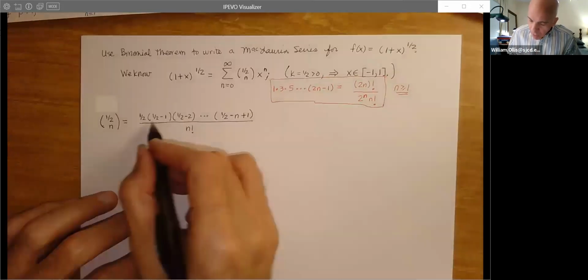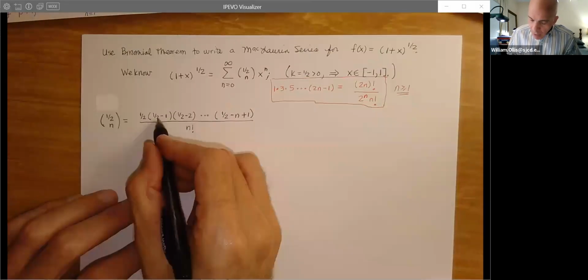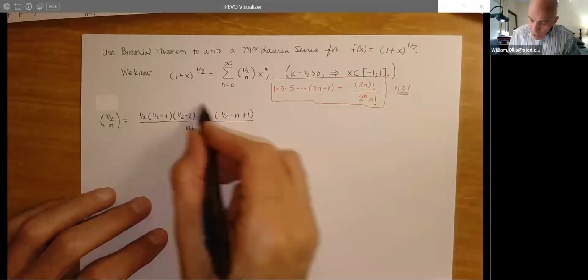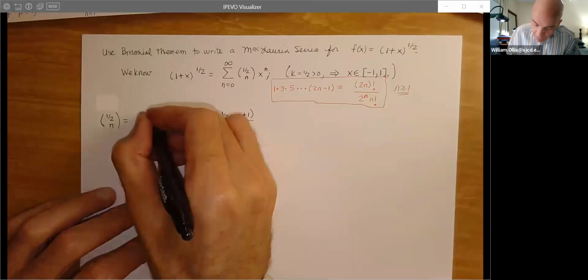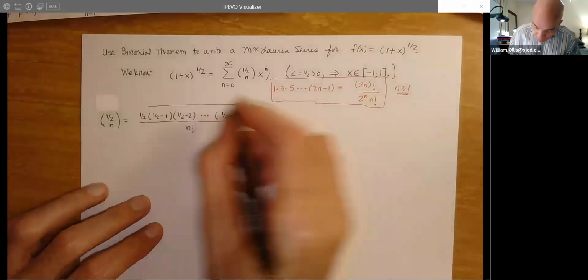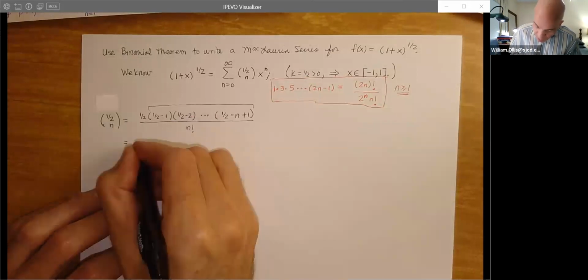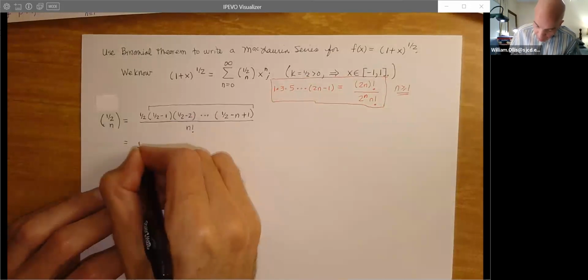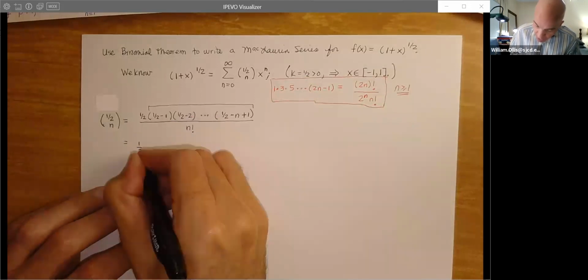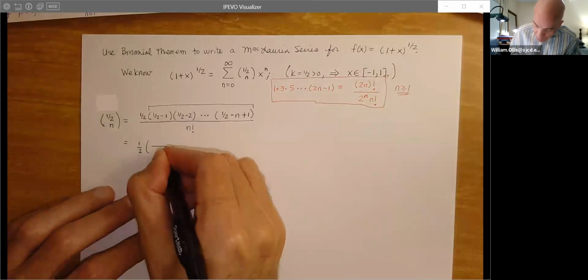So now when we look at this, we're thinking, well, we can dress this up a little bit. If you like, we've got n factors here, and notice this is n minus 1 factors. So I'll just do a little dressing up. So this will be 1/2. And I'm just going to go ahead and get a common denominator here. 2.